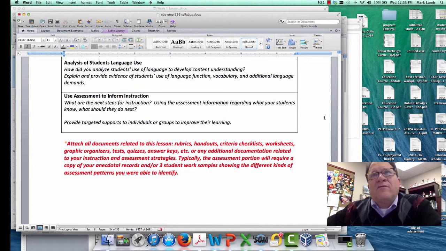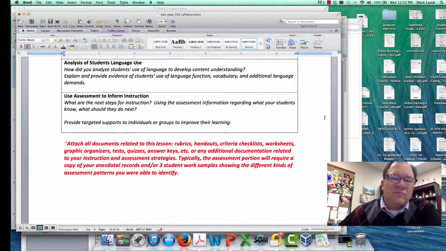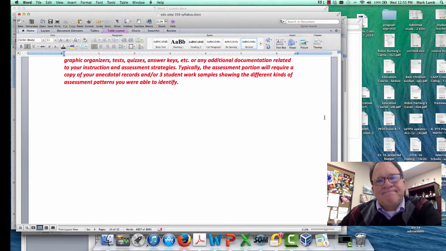So if you found out that everybody was struggling with Newton's third law, then you would include a student work sample that showed how the student understood Newton's third law, and you would use that as an example to point out how you found this pattern in the student performance.